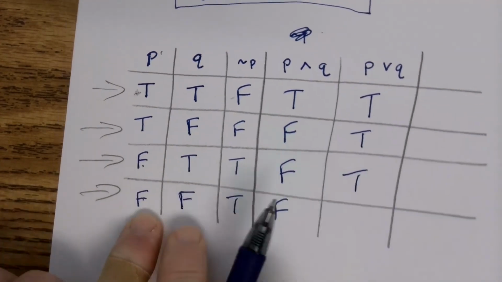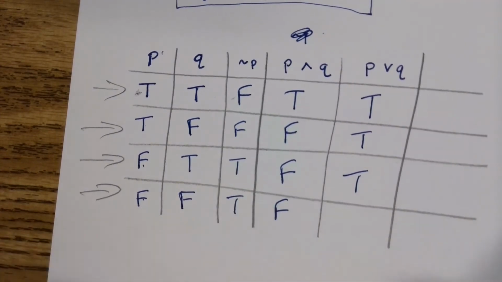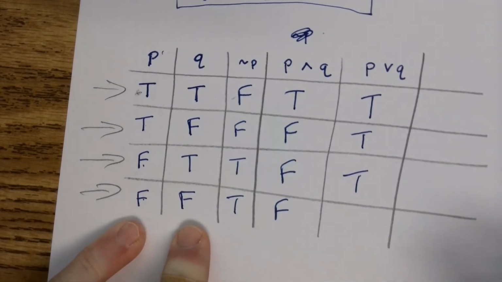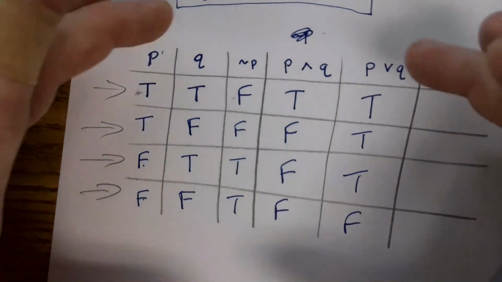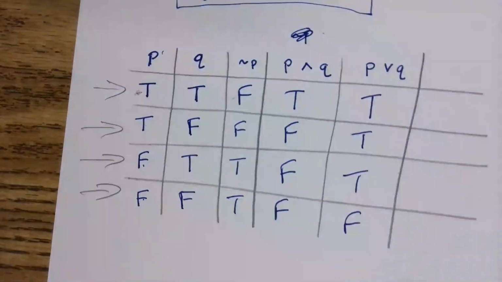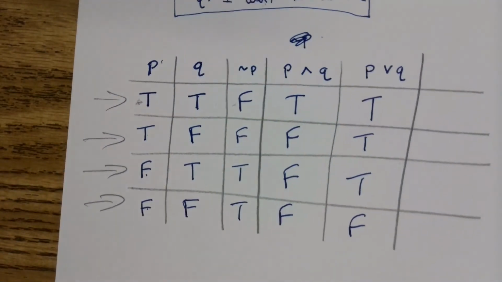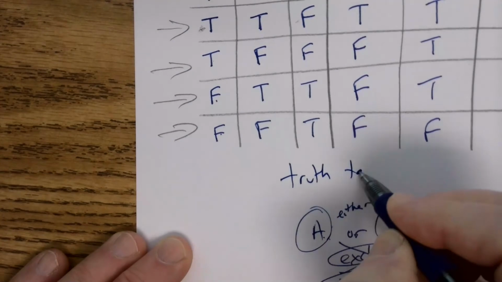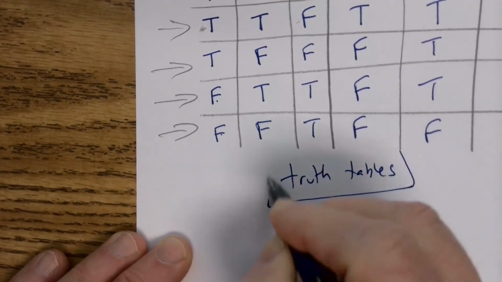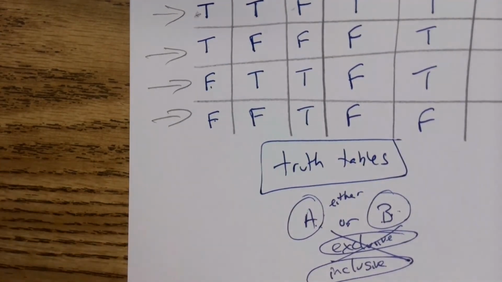But now I didn't go to either one, but I told you I went to one or the other. That's false. This little chart is incredibly important, and they're called truth tables. They're not horrid. They're kind of fun.